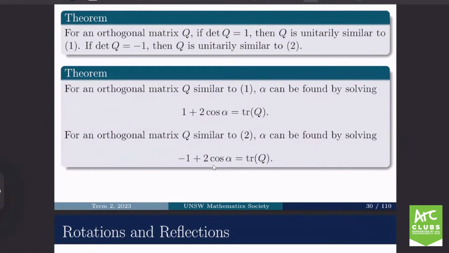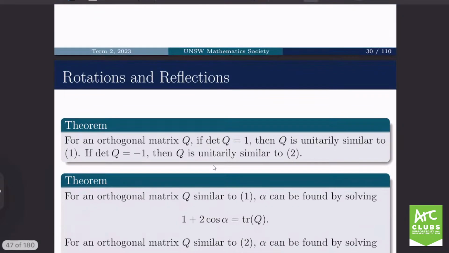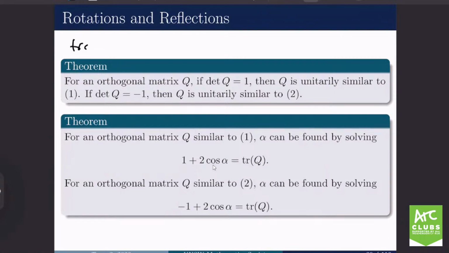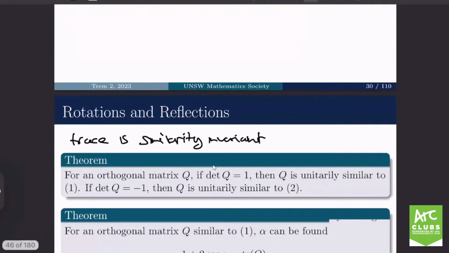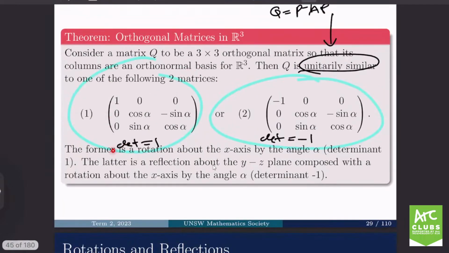Now, if we actually want to find the angle of rotation, we can see that trace is a similarity invariant. We saw that in the previous topics, right? So if it's a similarity invariant, then for all similar matrices, the trace is the same. So if I have an orthogonal matrix that's similar to this, in other words its determinant is 1, then the trace is the same.